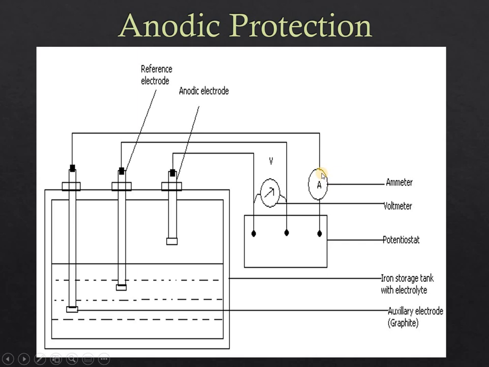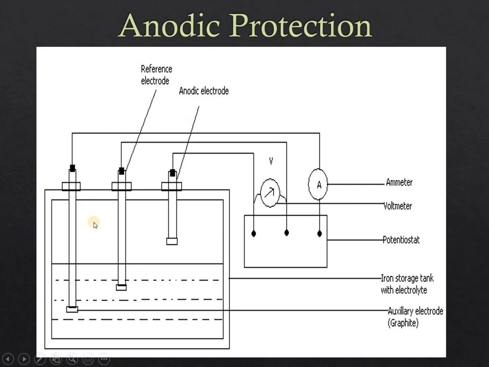So null deflection of the ammeter, which is connected between the auxiliary electrode and the potentiostat, indicates the corrosion current is 0 and the tank is protected from corrosion. Any deviation in the ammeter reading other than null deflection will indicate corrosion occurring in the tank.